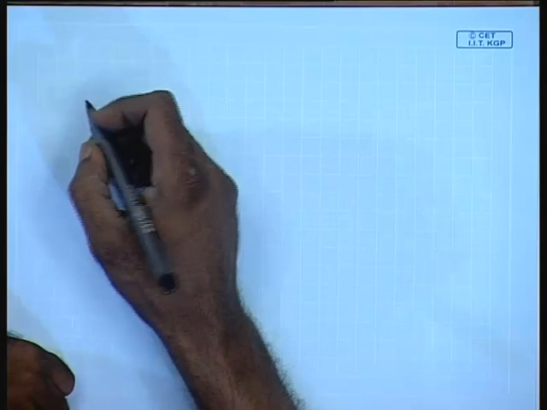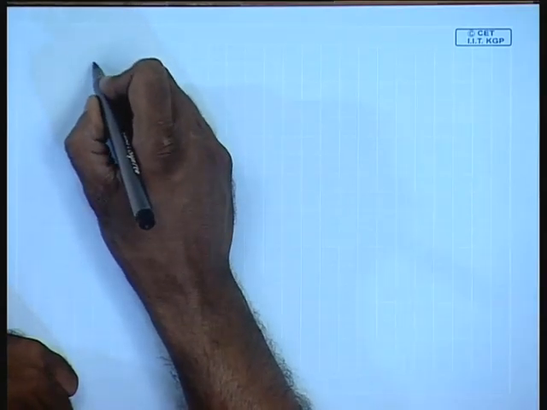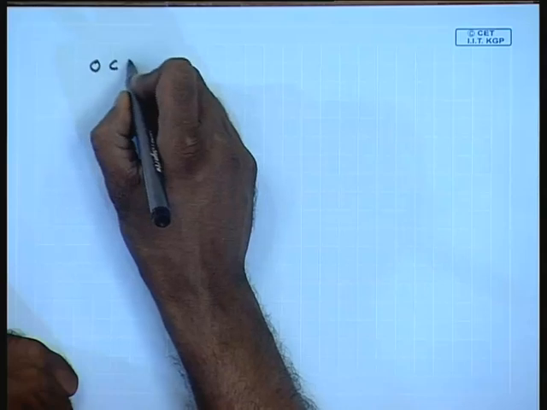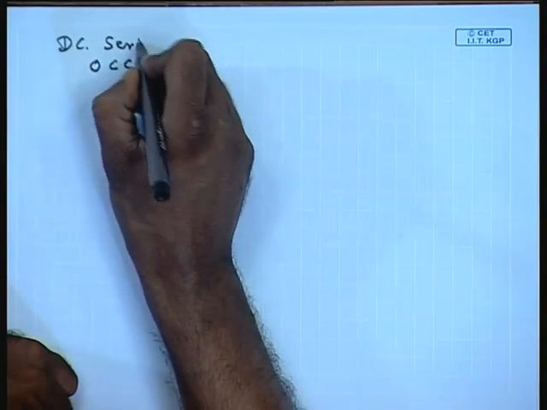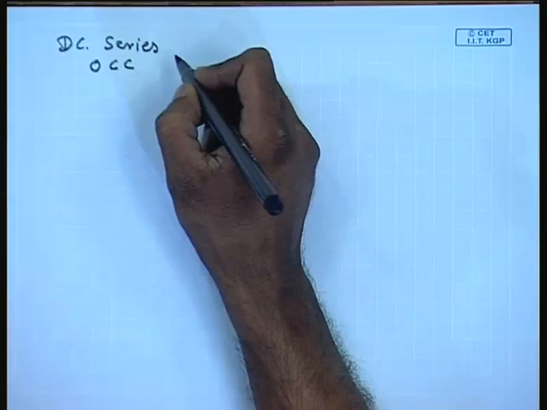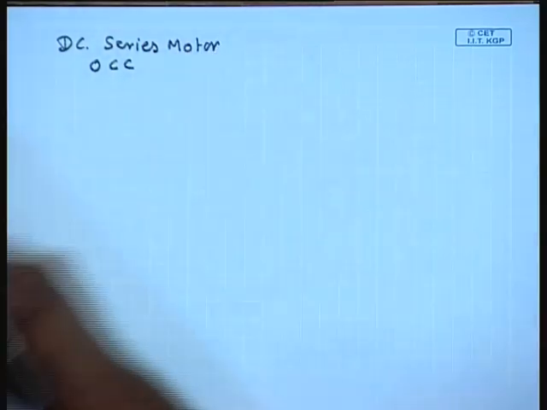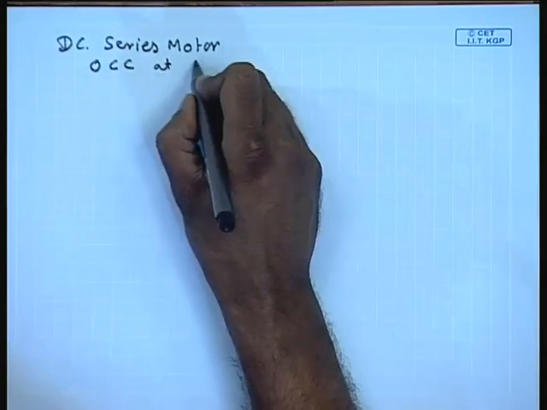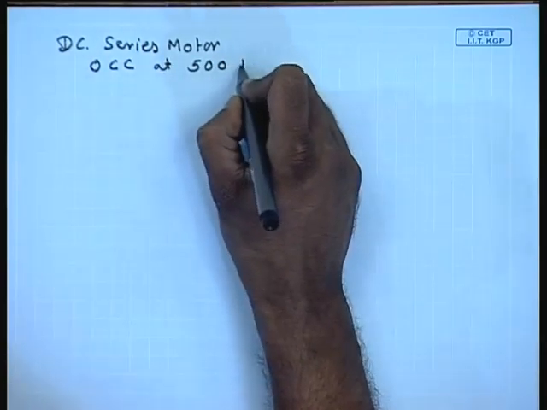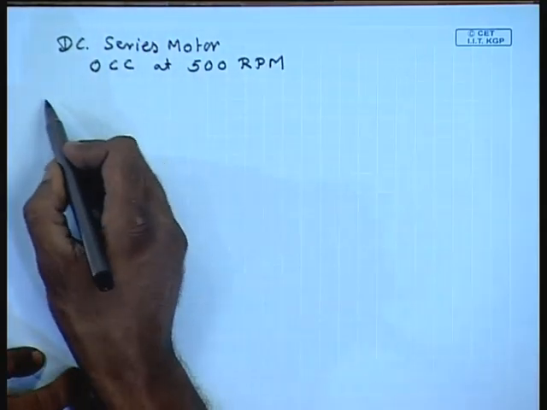Let us take a DC series machine whose OCC is given by the following data.